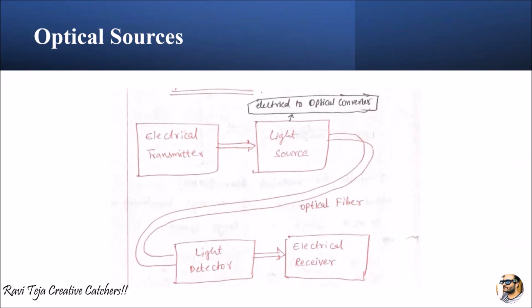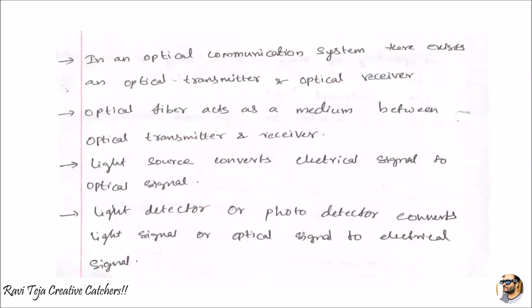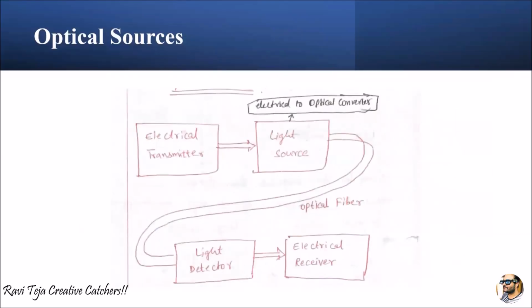Now, we are going to see what these light sources and light detectors are. In an optical communication system, there is an optical transmitter as well as an optical receiver, as we have seen here. This is the transmitting unit and this is the receiving unit.